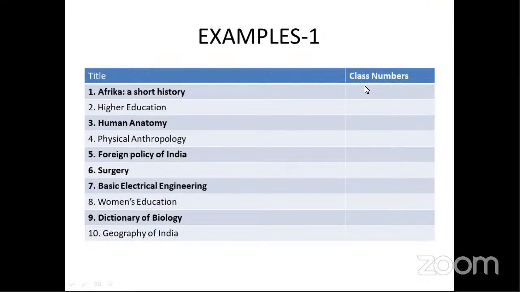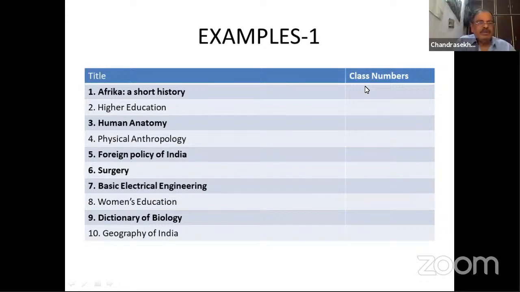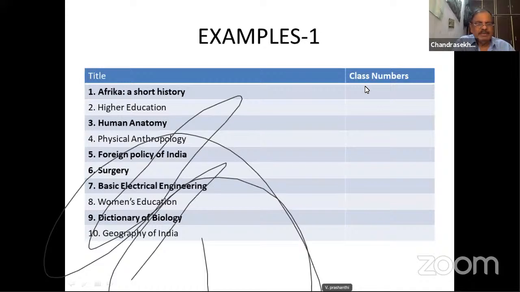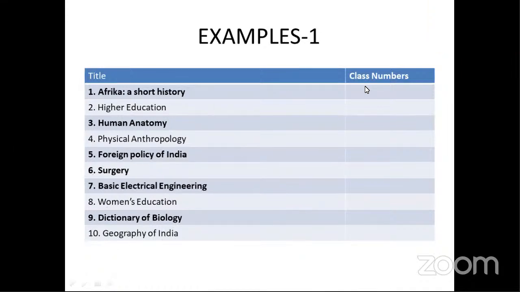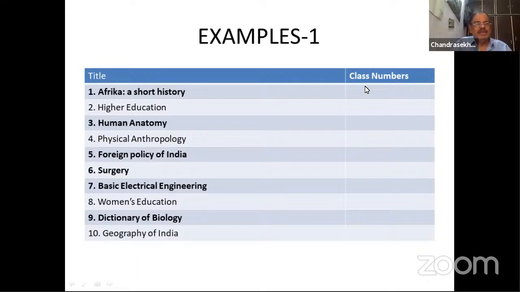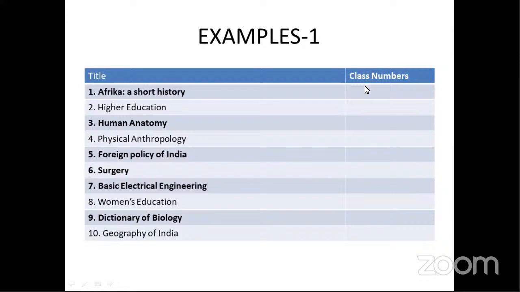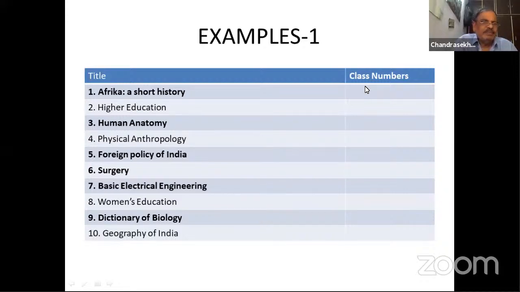Now go to the third summary and find the number under 370: 371, 372, 373, 374 adult education, 375, 376, 377, 378. Now you have come to the exact number. The number for higher education is 378.